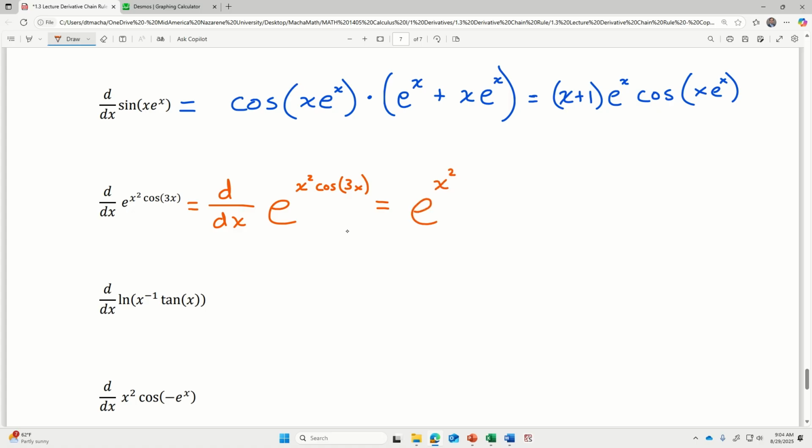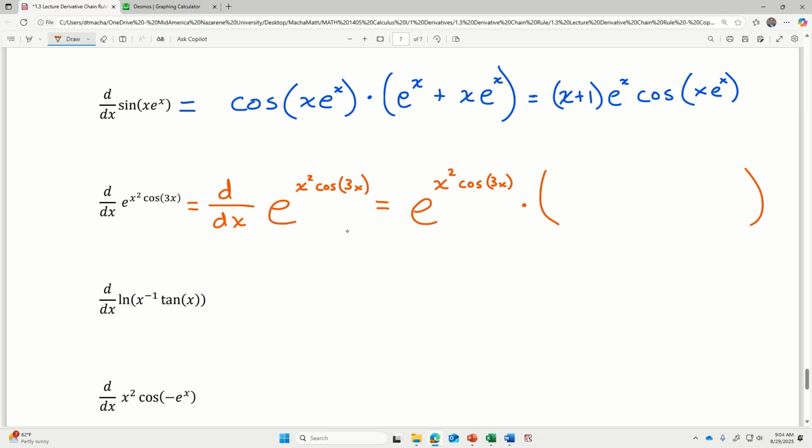So we keep everything exactly the same at first. Now we multiply times the derivative of the inside function. And the inside function is not just one function, but a product of two functions. So I've got to take the derivative of the x squared first, times cosine of 3x, plus x squared times the derivative of cosine 3x.